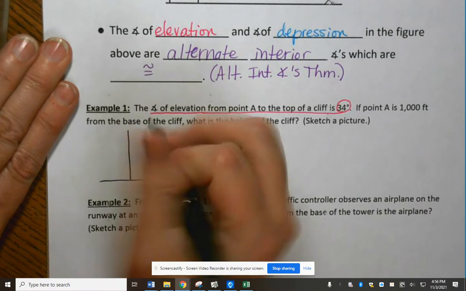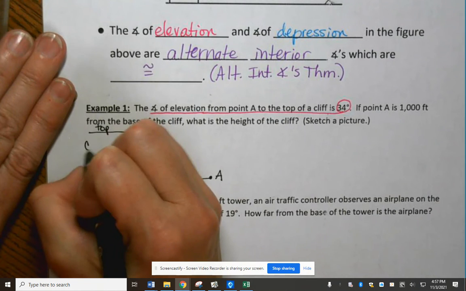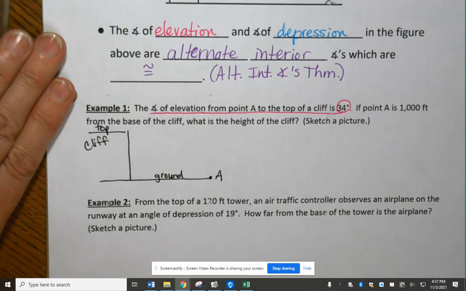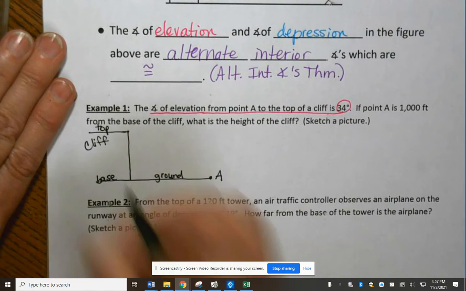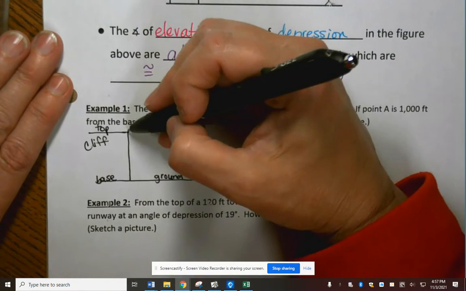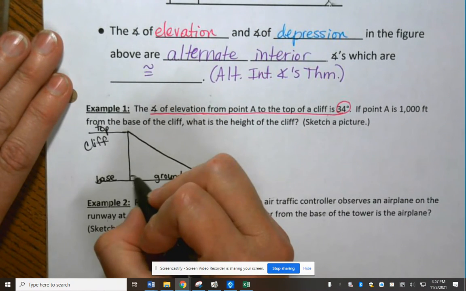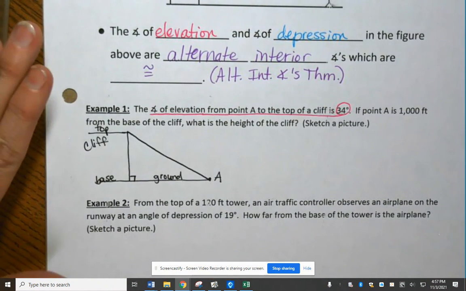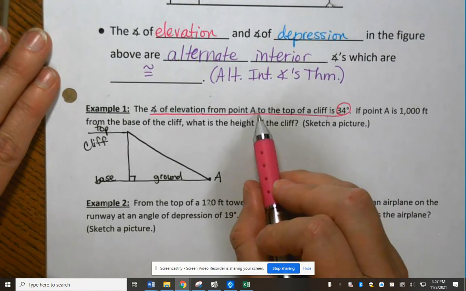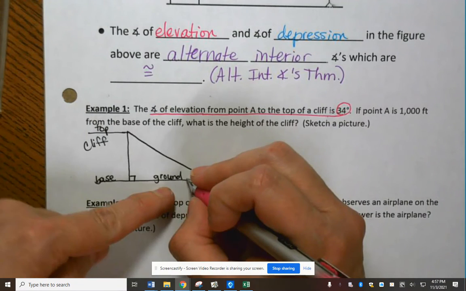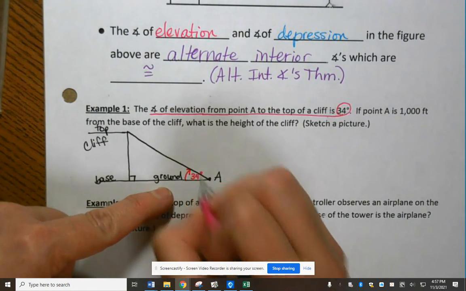And over here we'll have the top of our cliff. Now this is the base of the cliff. The cliff and the ground should make a right angle. So the angle of elevation from point A to the top of the cliff, that's going from the ground up. That's 34 degrees.